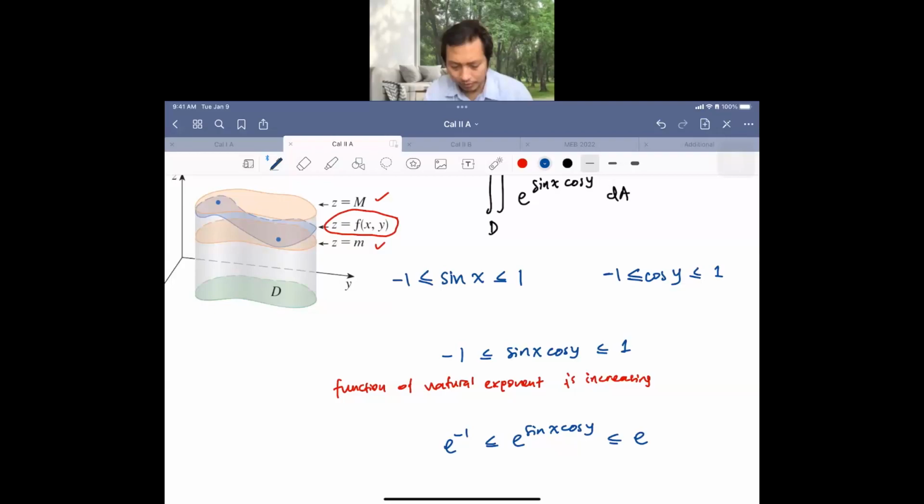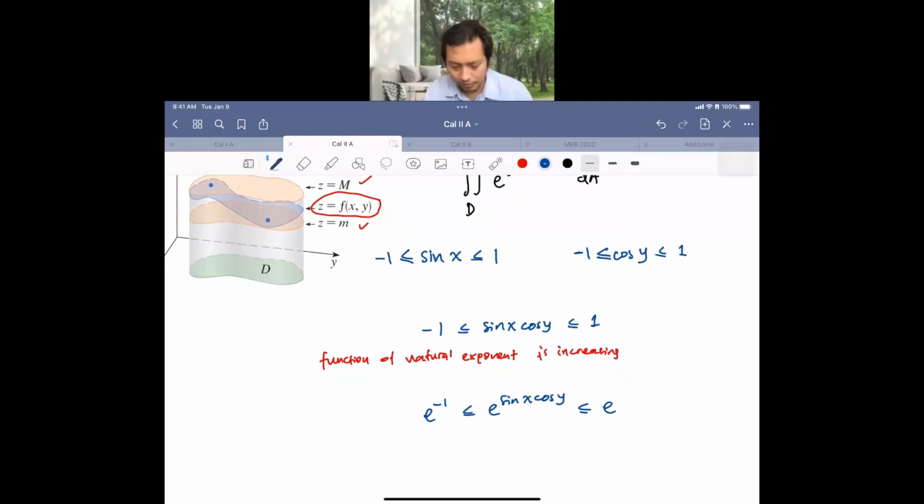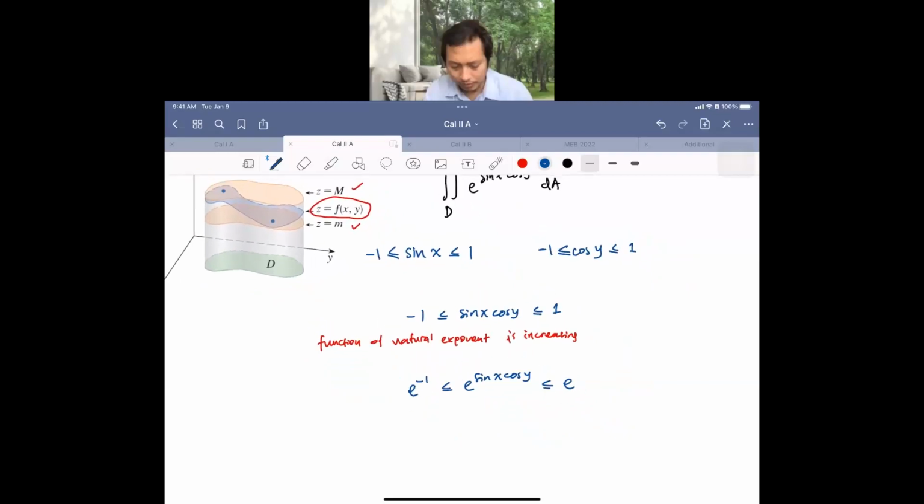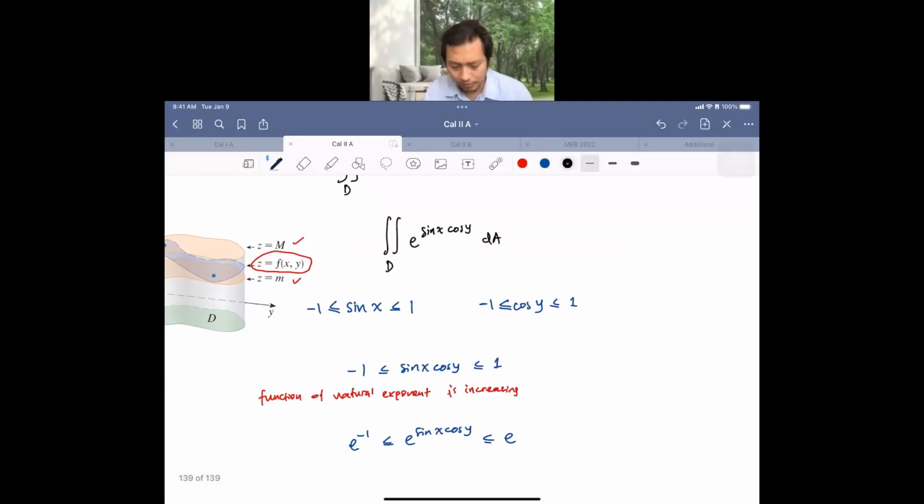Okay, if we look at the integration, if we have another, it gives us another information. D is a region. I forgot to write this.